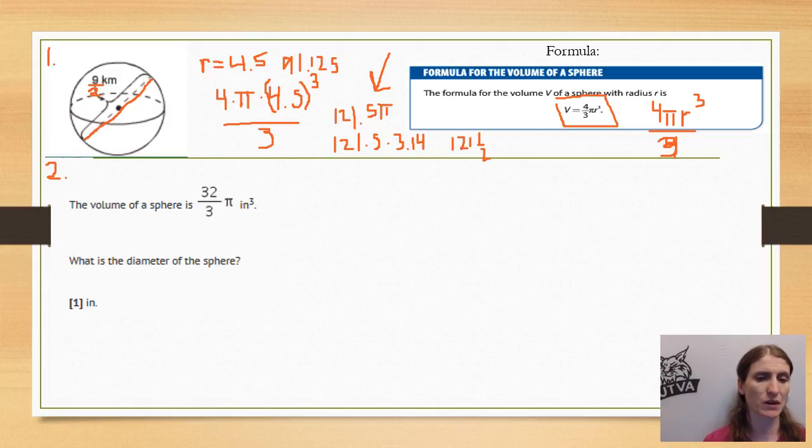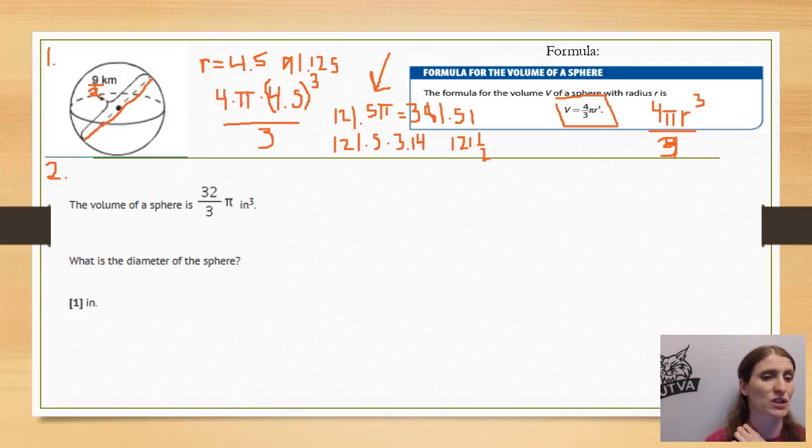And we get 381.51. Okay, so those are the answers. One is with pi and one is with 3.14.